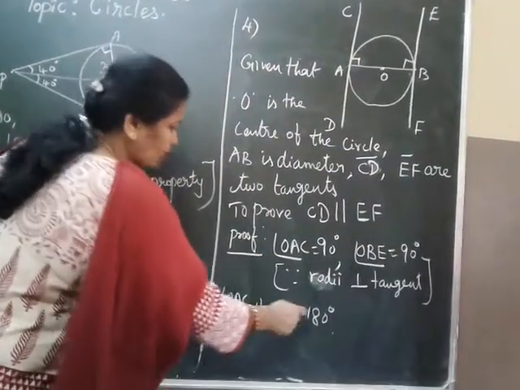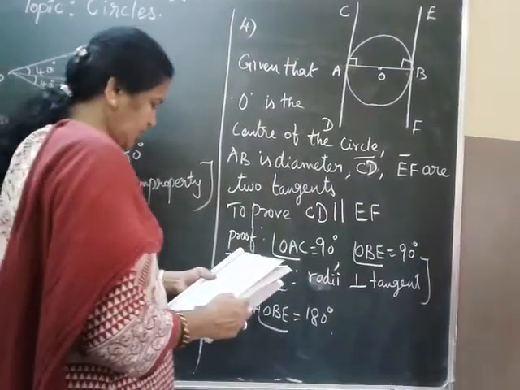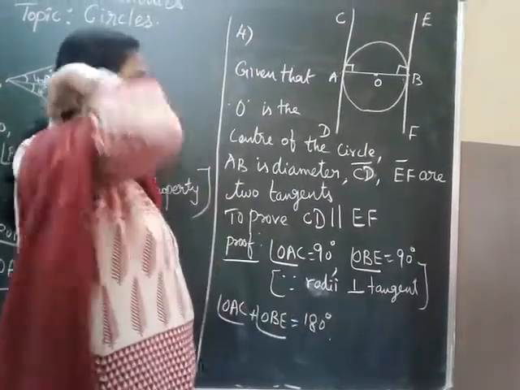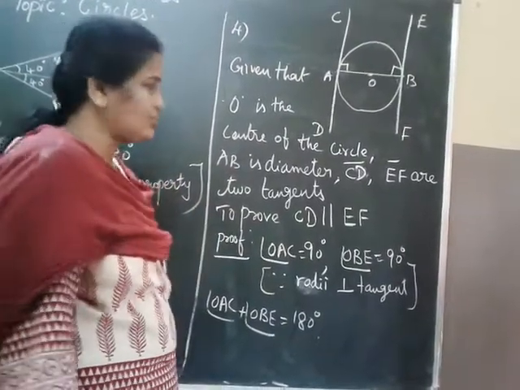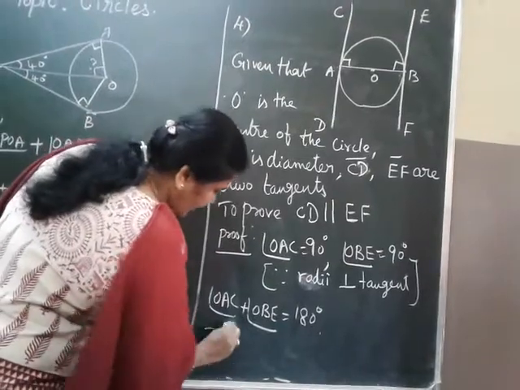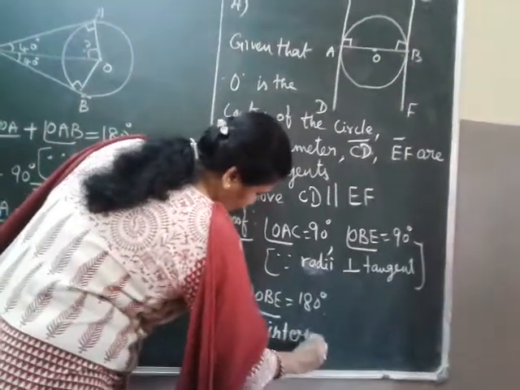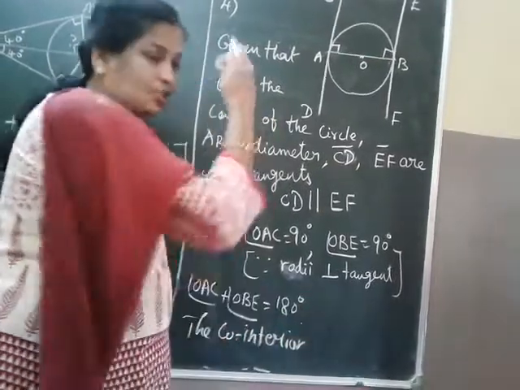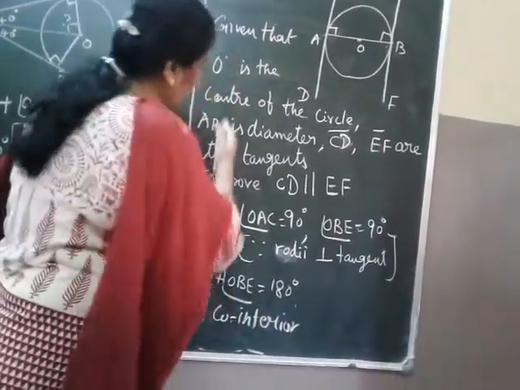We got 180 and both are 90 degrees, no? So you can say the consecutive angles on the same side of the transversal are co-interior angles. You can say it like this also; you don't need to write that much big proposition statement.